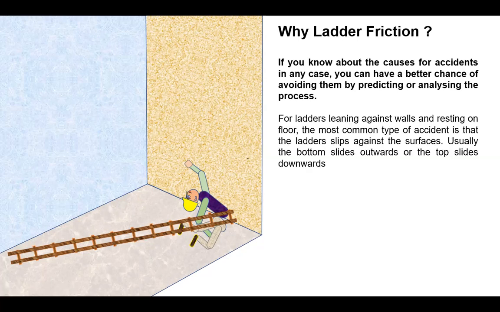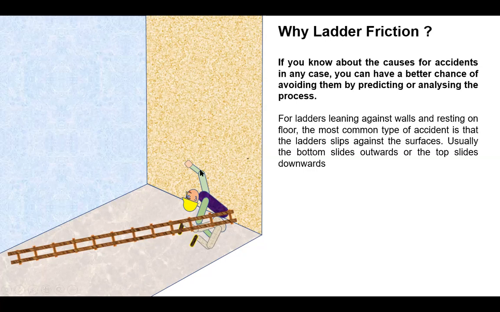Usually, for ladders leaning against walls and resting on the floor, the most common type of accident is that the ladder will slip against the surfaces. Usually the bottom will slide outwards and the top of the ladder will slide downwards.